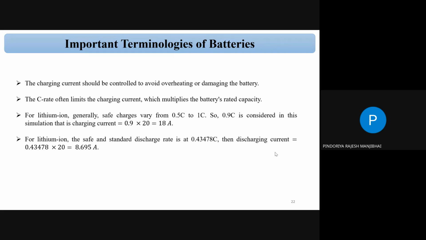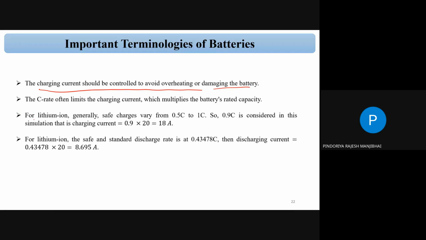Charging current: maybe a student asked the question, how much charging current is required. Charging current should be controlled to avoid overheating and damage to the battery, because ultimately in the battery there is a chemical. Suppose you charge with higher current, maybe there will be overheating, correct?